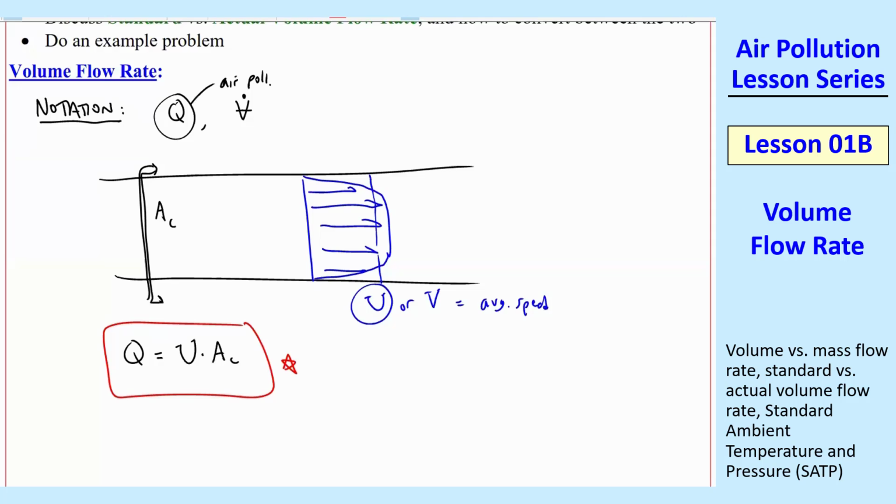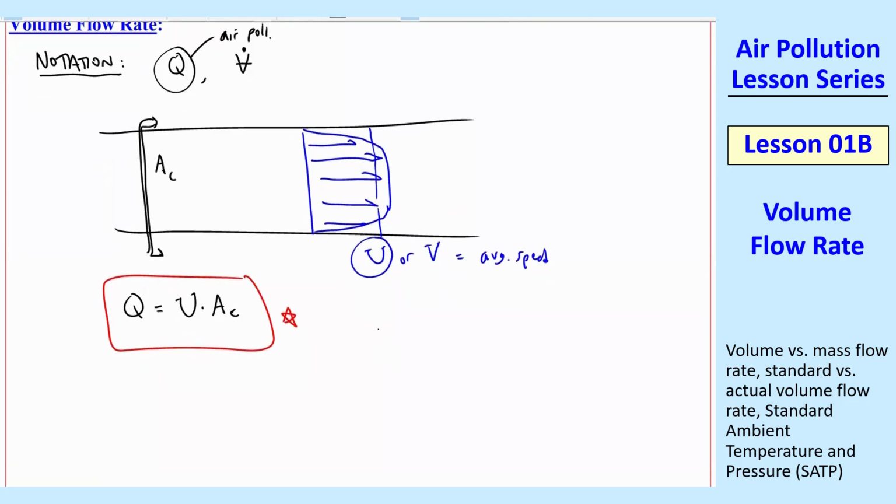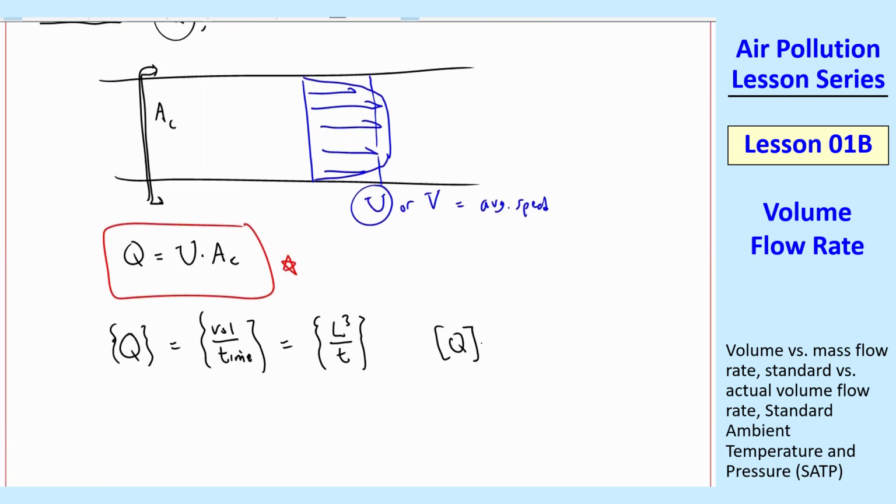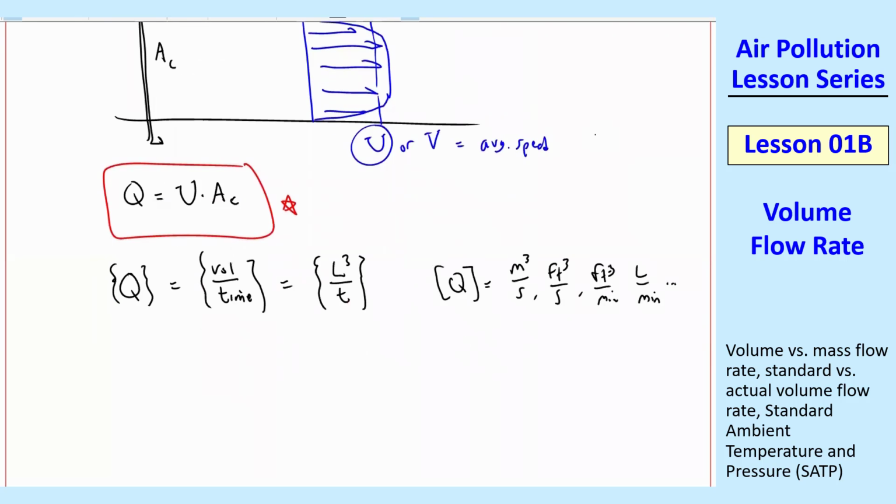So this is just a review from your fluid mechanics class. As I always like to do, the dimensions of Q are volume per time, and in terms of primary dimensions, L cubed over T. And then the units of Q can be many different things: meter cubed per second, cubic feet per second, cubic feet per minute, liter per minute, etc. So you take your choice of all those different units.